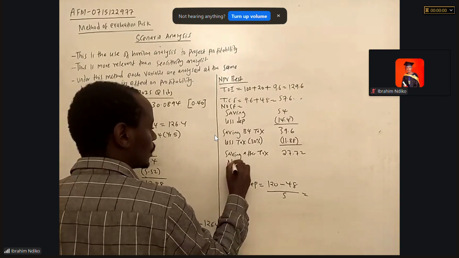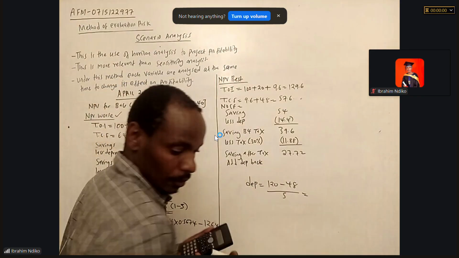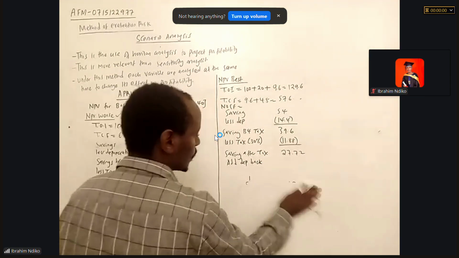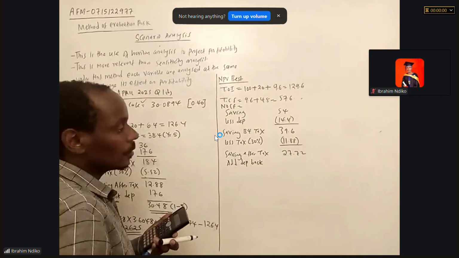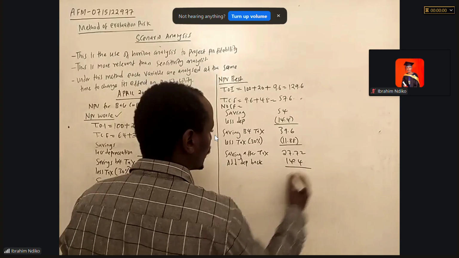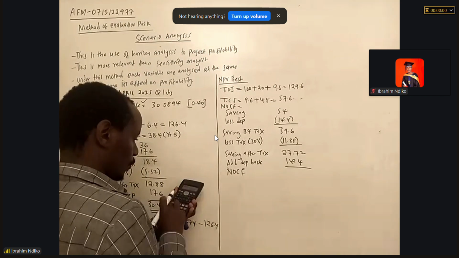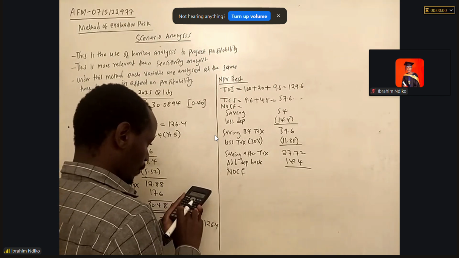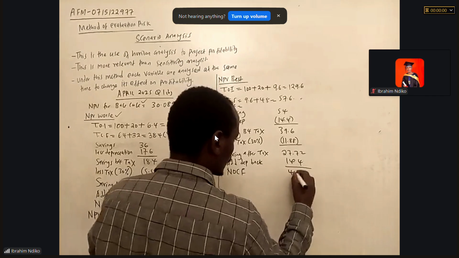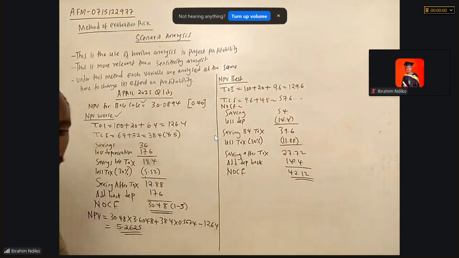Then we add depreciation back. Itakuja ngapi? Depreciation back, so plus 14.4. Shade hapo liko sawa.